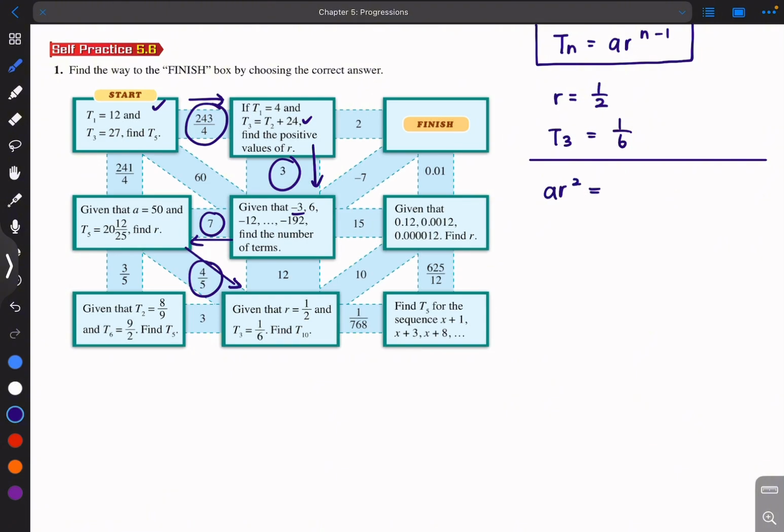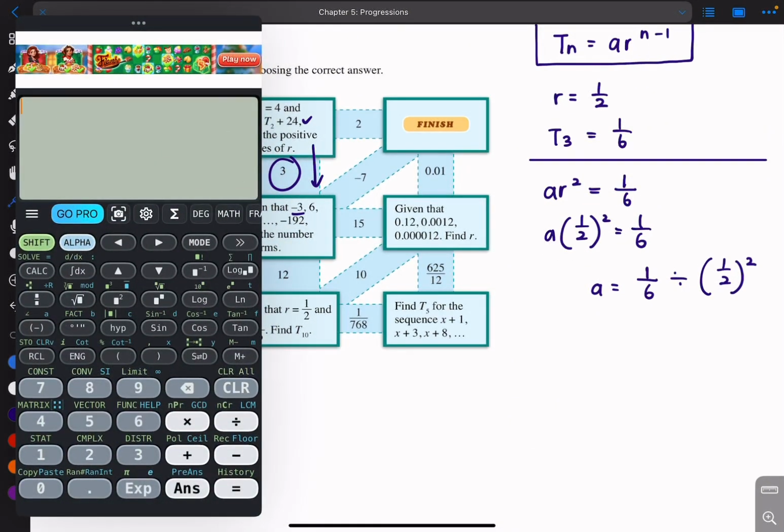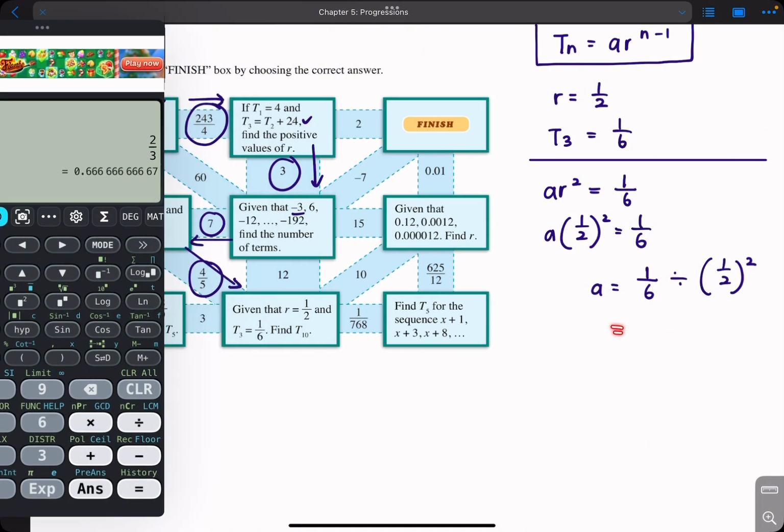So AR square is 1 over 6, and we know what R is, so we can sub this in and find A. So 1 over 6 divided by 1 over 2 squared. Why divide? Because this is related by times, so when we bring it over, it becomes divide. 1 over 6 divided by 1 over 2 square, we get 2 over 3.